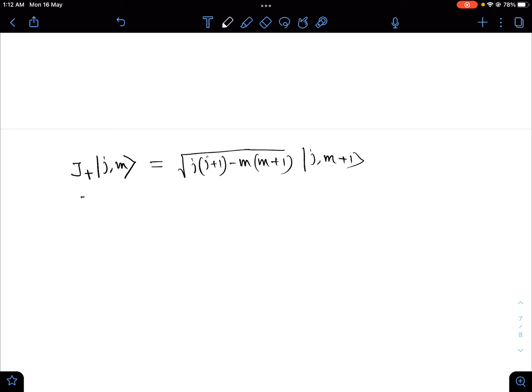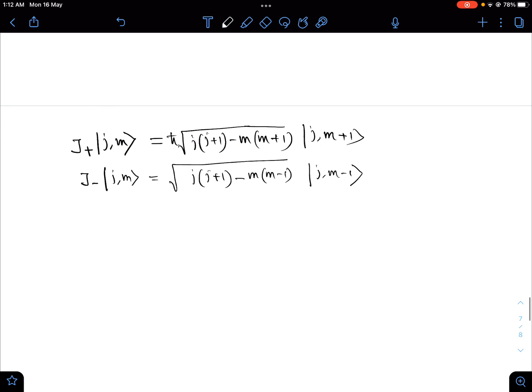And we have J minus to be ħ root under j(j+1) minus m(m-1), times |j, m-1>. So consider <j m'| J plus |j m>.